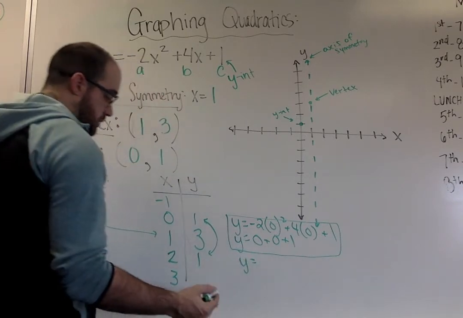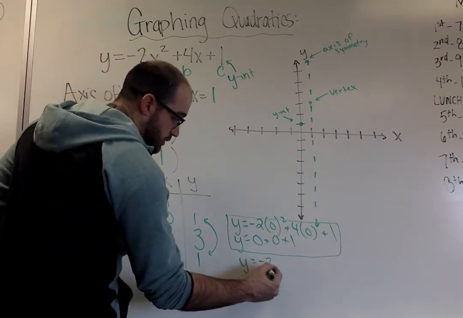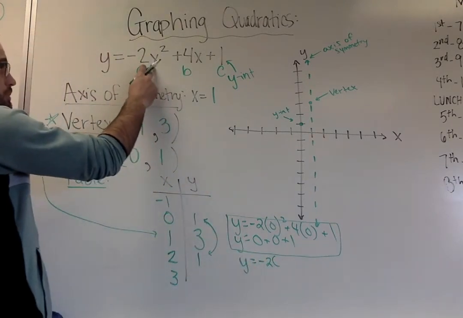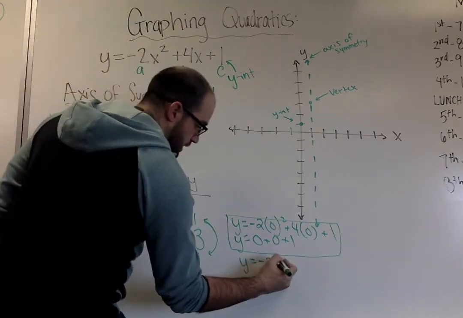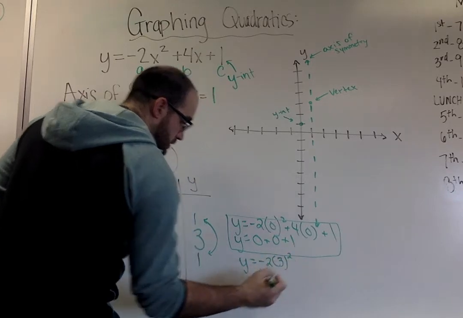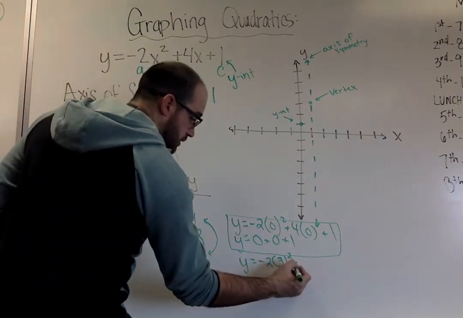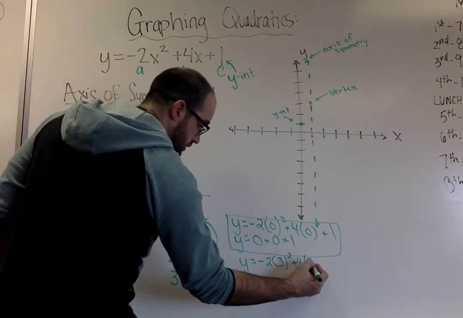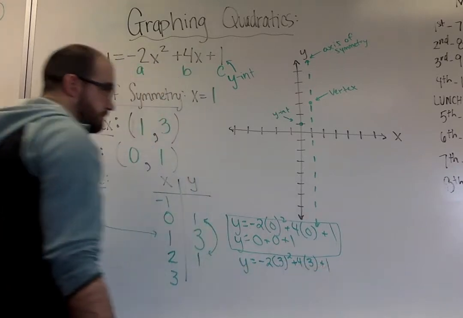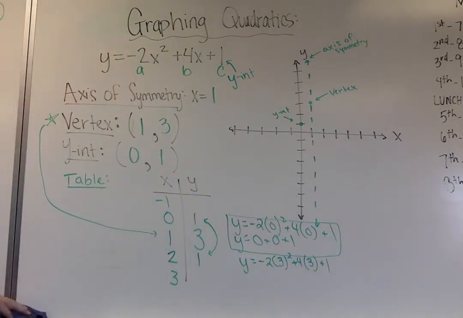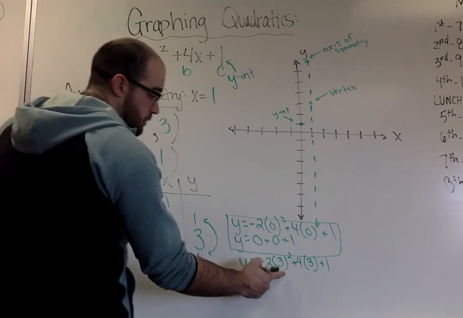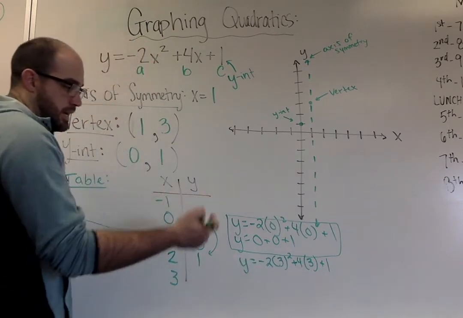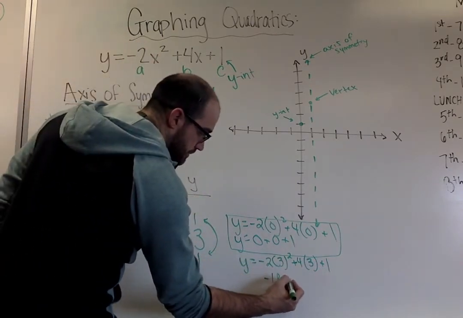I'm going to have y equals -2 parentheses. I'm getting this from up here, just replacing the x with our 3. So I have -2(3) squared plus 4(3) plus 1. 3 squared is 9. 9 times -2 is -18.